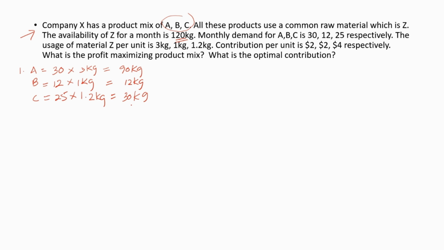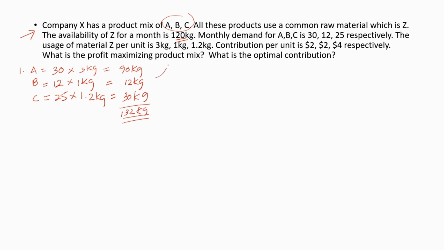Now we can calculate the total need of material Z to produce product A, B and C in order to meet the demand, which is the summation of this amount, which is 132 kilograms.